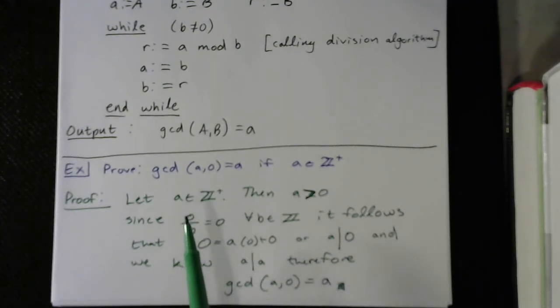Notice here that I'm not saying that B divides 0 in this statement. I'm saying that 0 over B is equal to 0. So you can think of making this B right here an A, and then you are multiplying A times 0, and adding 0, since we can add 0 to anything. But again, this statement here does not say that B divides 0. This statement says that A divides 0.